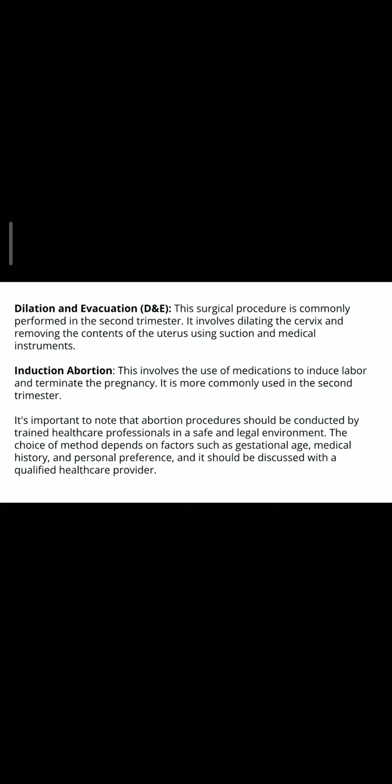We need a safe and legal environment so that we do not have further serious implications in the future, and supervision by certified healthcare professionals so we do not have further damage in our future. These are the main things discussed in the topic of abortion: what abortion is, methods for abortions, and the general implications before considering abortion.